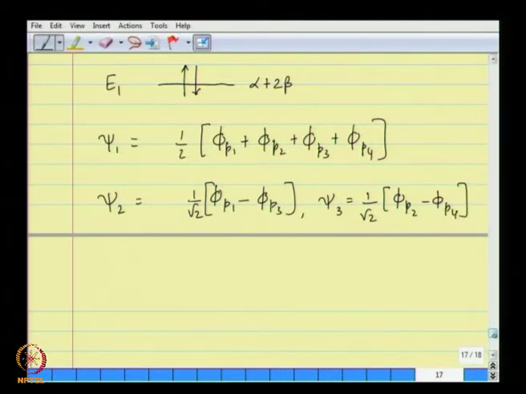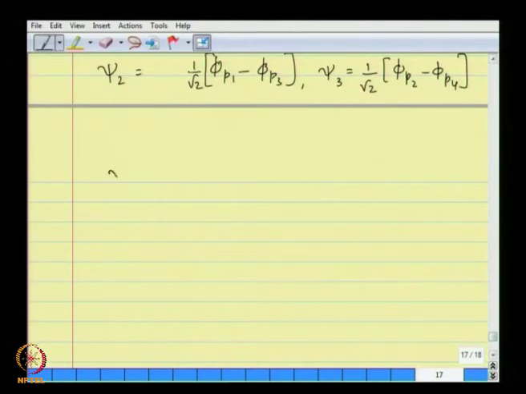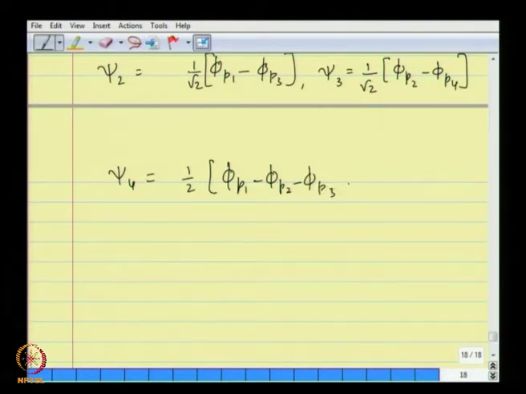I will tell you in a minute what this leads to, and psi 4 is of course 1 by 2 times phi p1 minus phi p2 plus phi p3 minus phi p4. Okay.